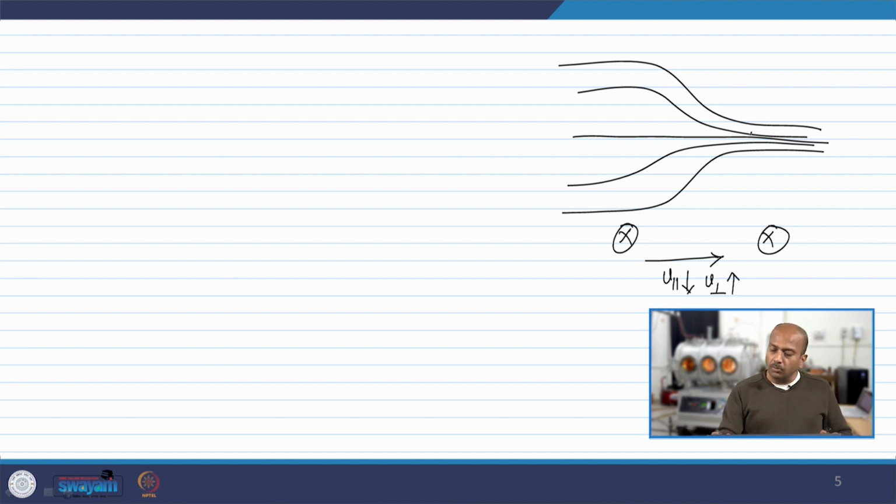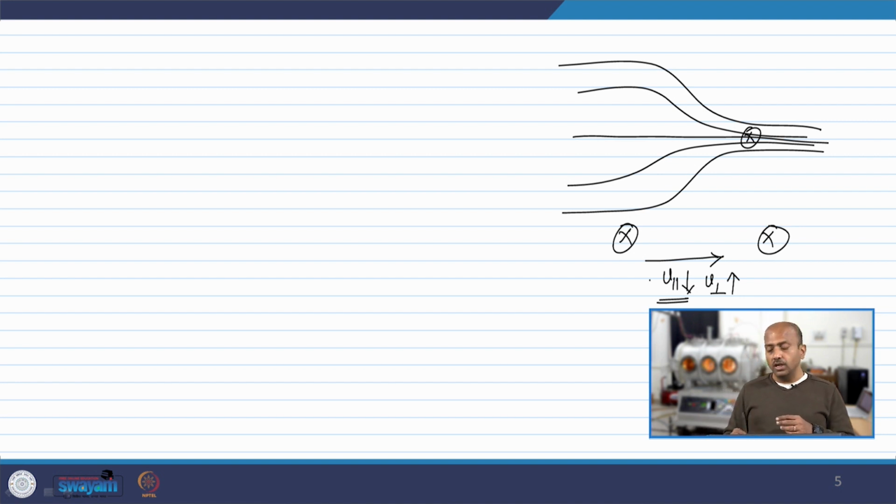So, at a particular point, a threshold is reached where V parallel is made completely 0 because of the very strong magnetic field there. What happens at that point is that the entire energy of the particle has to be perpendicular energy, but not the parallel energy. So, the particle can no longer go into the positive z-axis because its velocity is 0 along that direction.